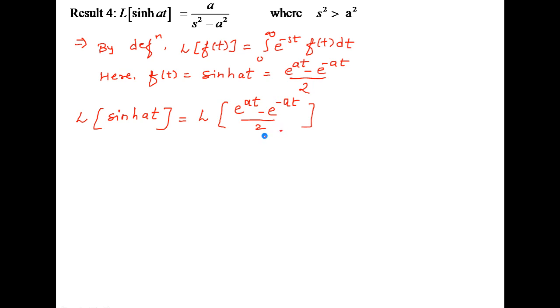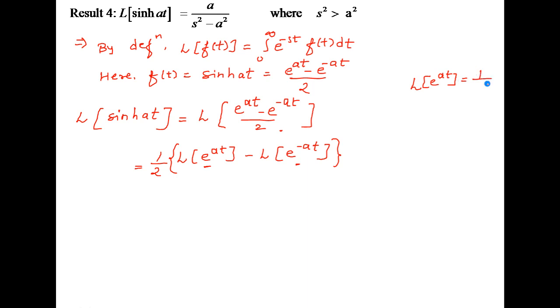Okay, using here the result. So by linearity property, we can write here 1 by 2 Laplace of e to the power at minus Laplace of e to the power minus at, and 1 by 2 is common for both terms. And now using a standard result here, we know what is the Laplace of e to the power at.